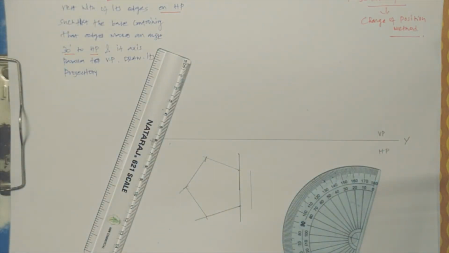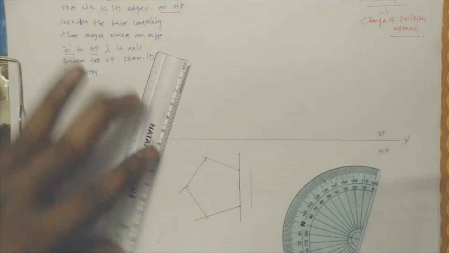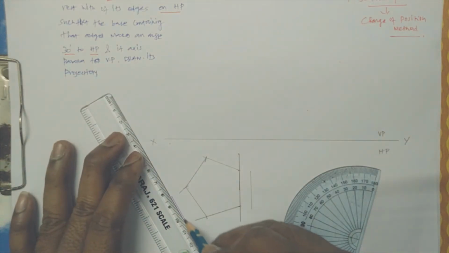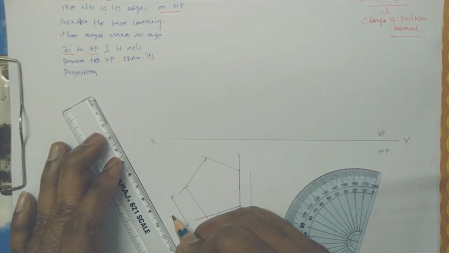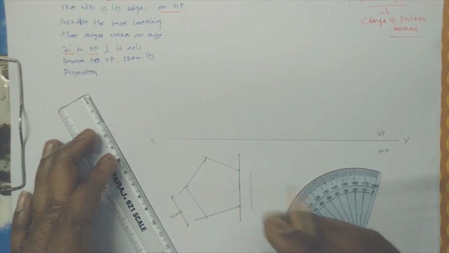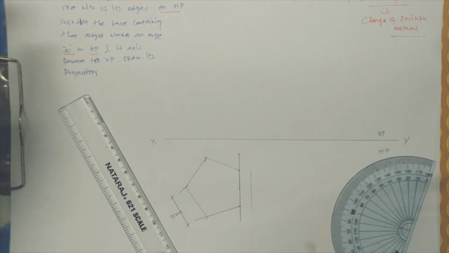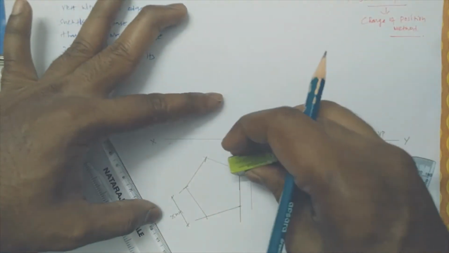So now the pentagon is done, the side is 25 mm. We need to give the names. So let us name all the base points with numerals. Let me erase everything.